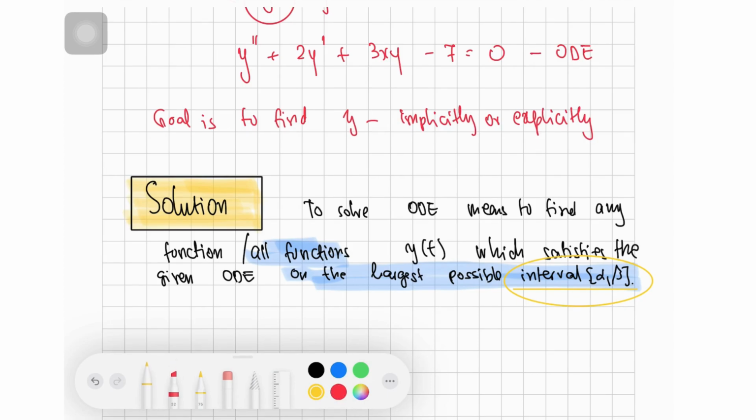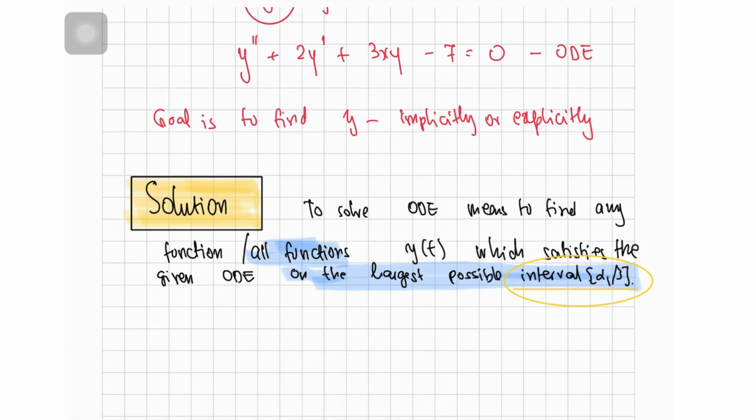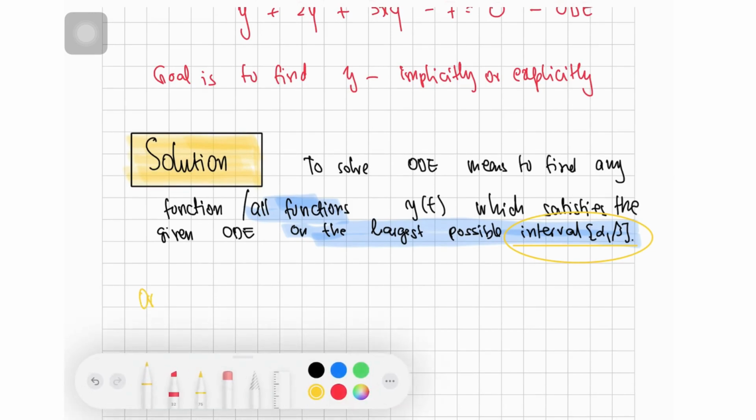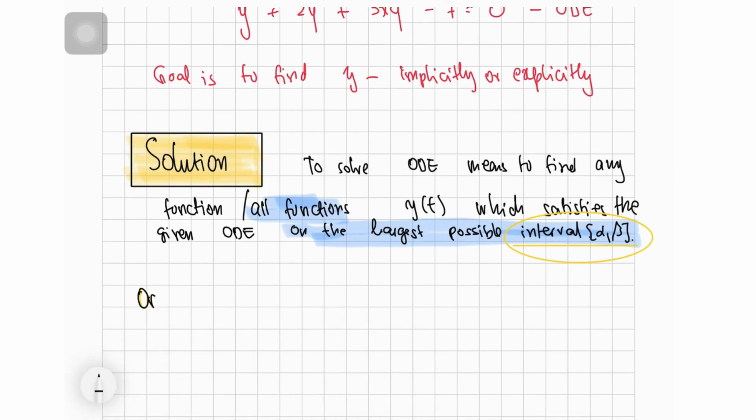Okay, so that's regarding the solution. So we know what an ODE is, that is any equation that contains derivatives of the function, and we know now what a solution is. We want also to know what is the order of an ODE.